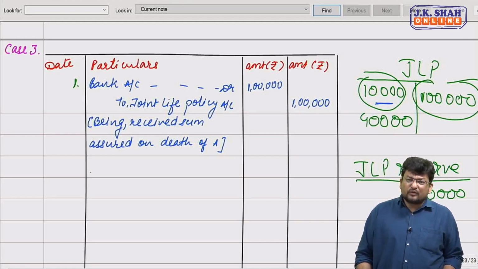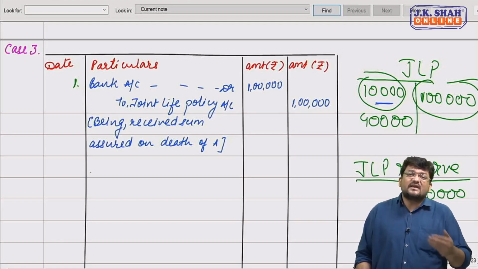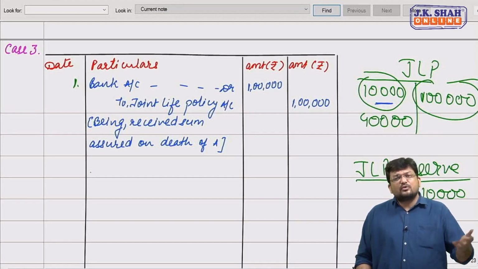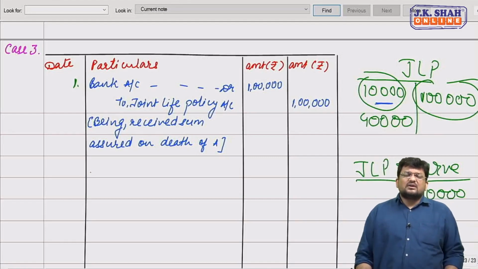Sir, then what will you do with JLP reserve? Will that reserve be required in future? Joint life policy itself is getting closed. So, will that reserve be required in future? No, sir. So even that joint life policy reserve will be distributed among partners. It's a reserve which is no longer required in future. So even that reserve will get distributed among partners. So what will you do?